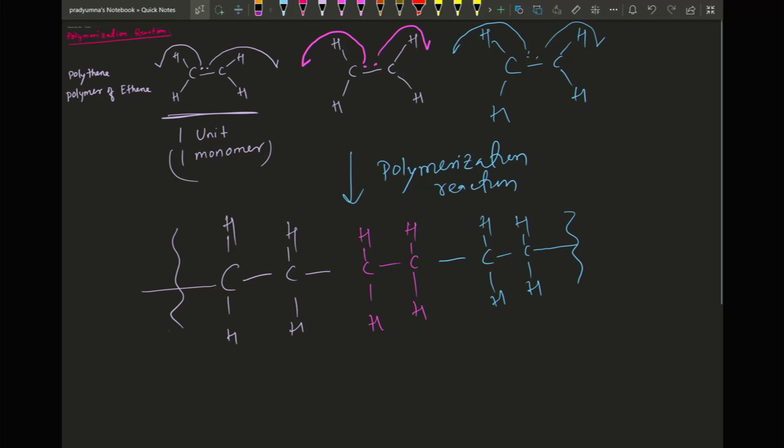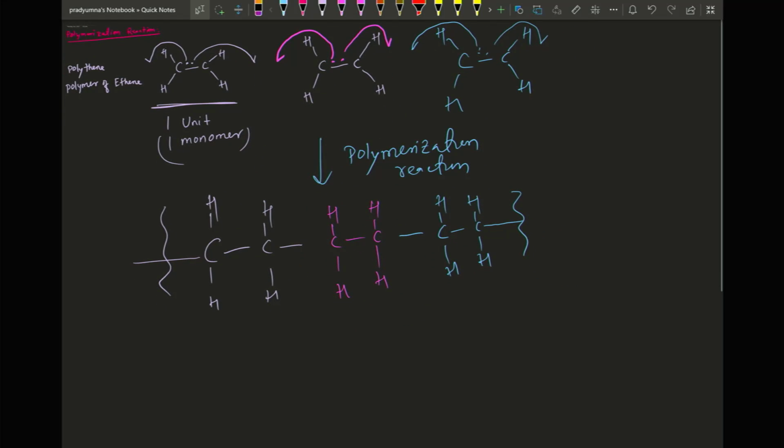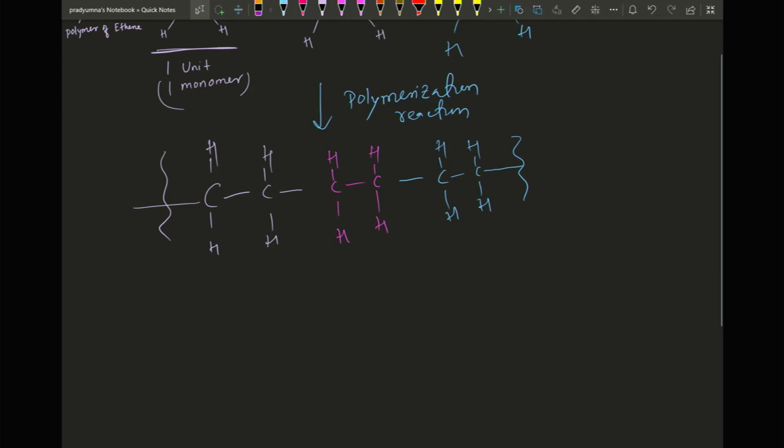Again, what is the name of this compound? It's called polythene. It is used in our plastic bags and a bunch of other things like plastic bottles and insulations. When you write the polymerization reaction, this is how we write it.